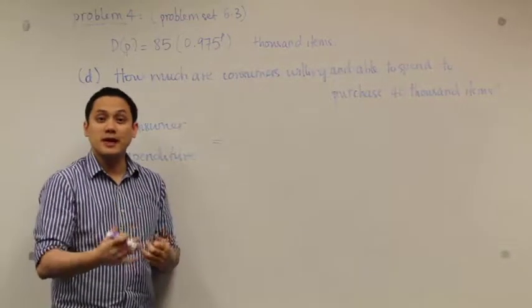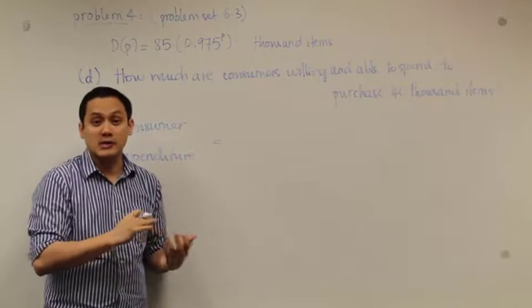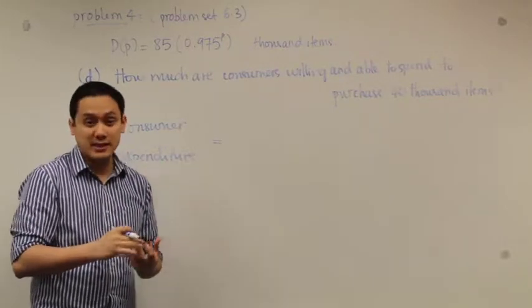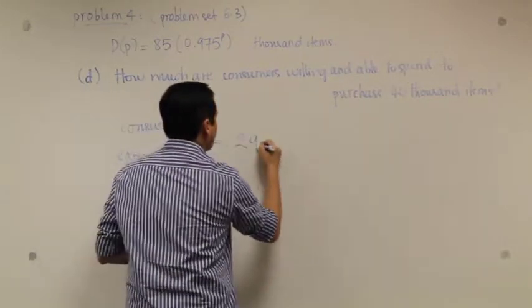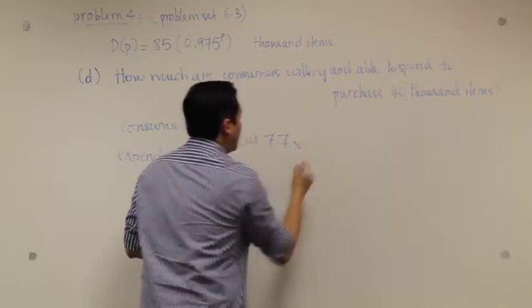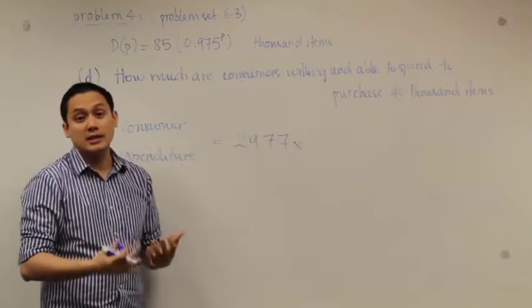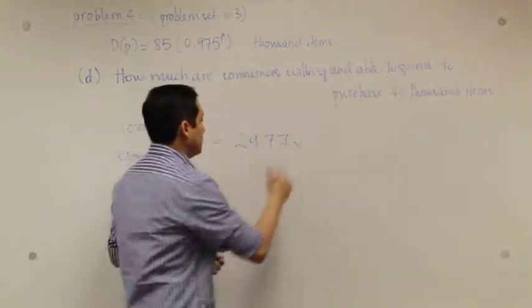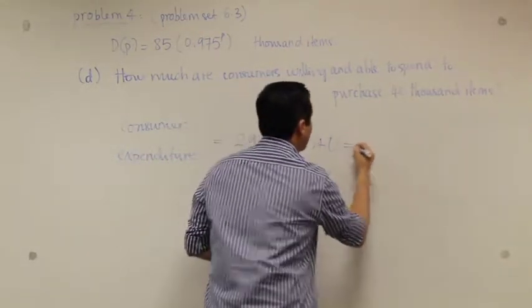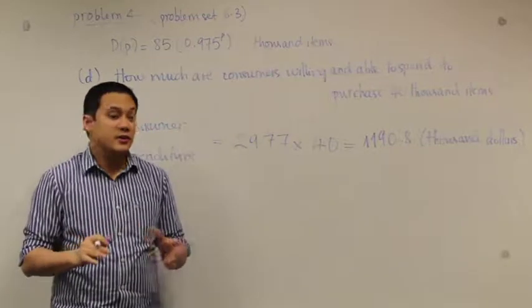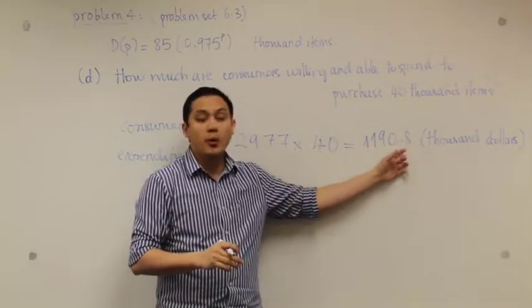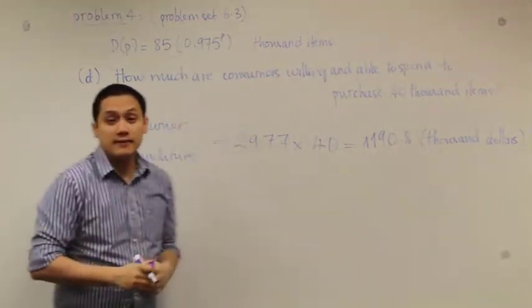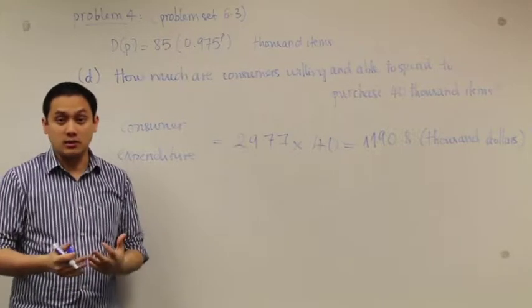So the set market price is the one we found in part C, which is 29.77. And you're going to multiply with the quantity demanded. In this case, this is 40,000 items. So using a calculator, I get $1190.8 thousand. This is the consumer expenditure.